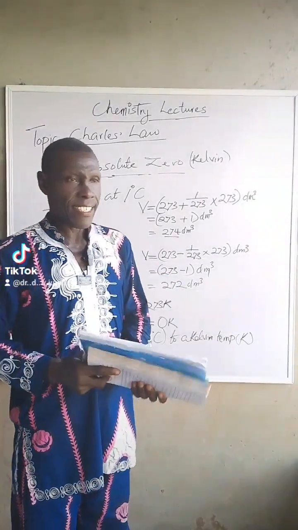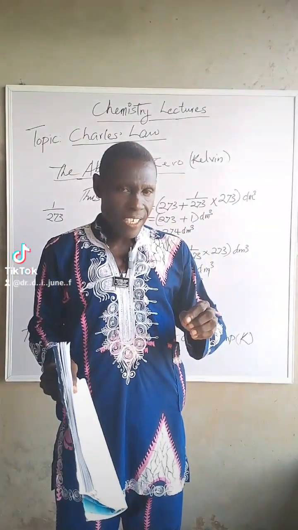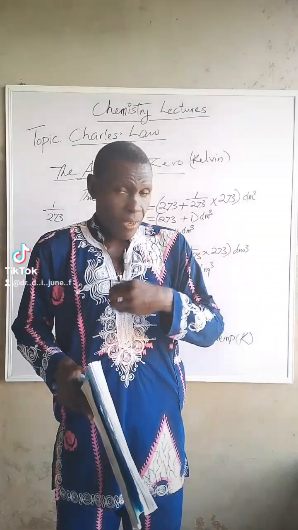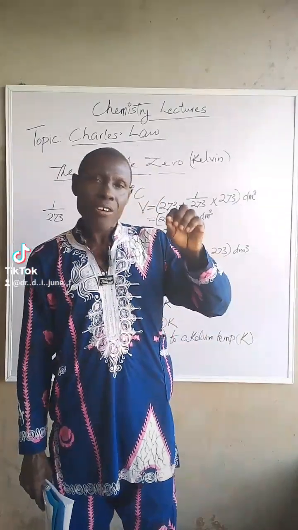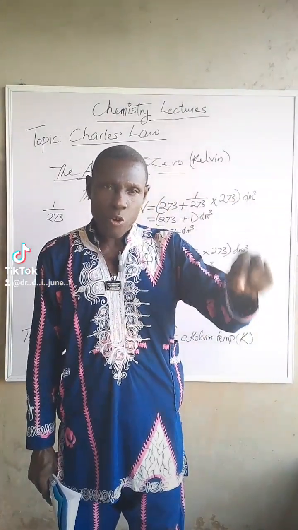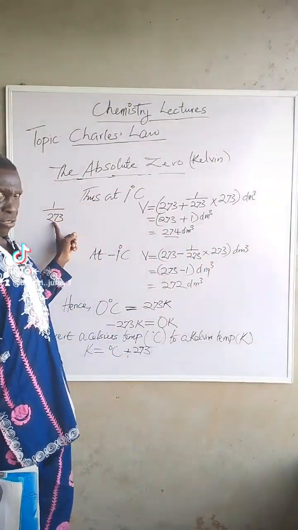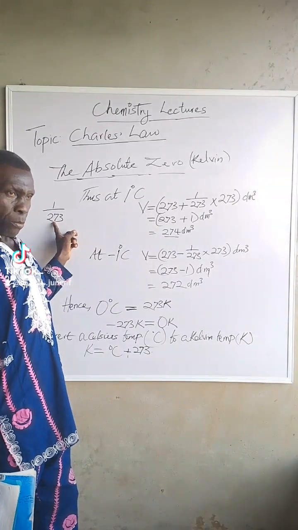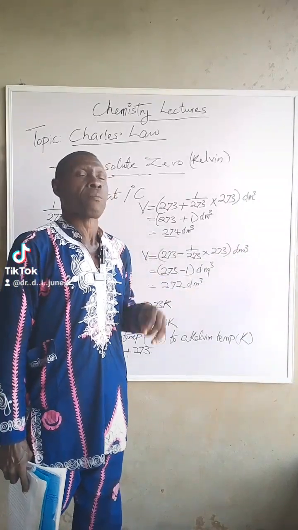It is saying that if you assume you have a volume of a gas, you now share this volume of gas into 273 portions at 0 degrees Celsius.